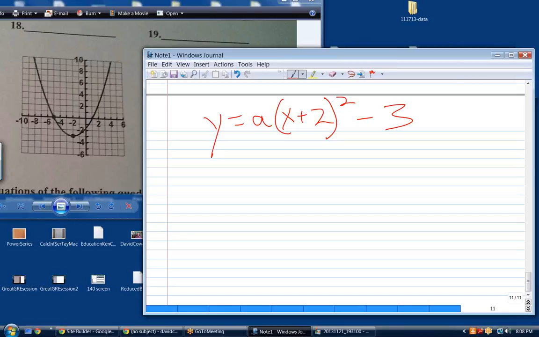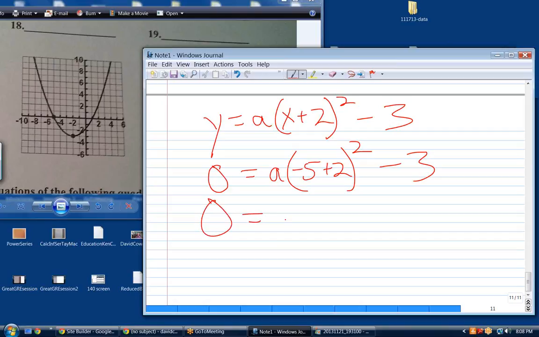So it's (-5, 0). So 0 equals a times (-5 plus 2) squared minus 3. And then 9a minus 3. 3 equals 9a.